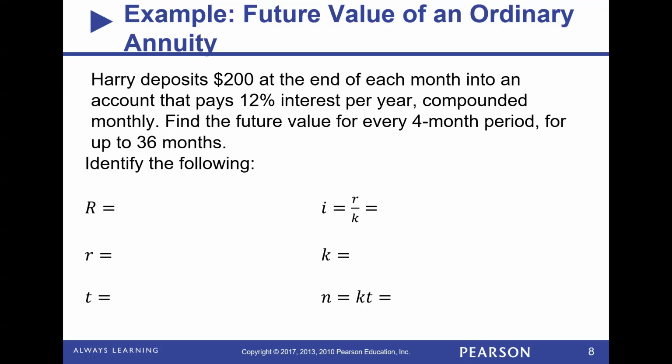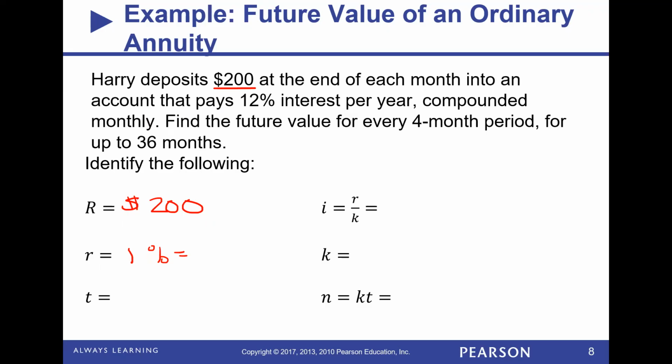Now, again, before we jump into anything, we're going to start by identifying what is that recurring payment? Well, I'm paying $200. Okay, that's my payment. Okay, my rate is 10%. Sorry, not 10%, 12%. Let me erase that.